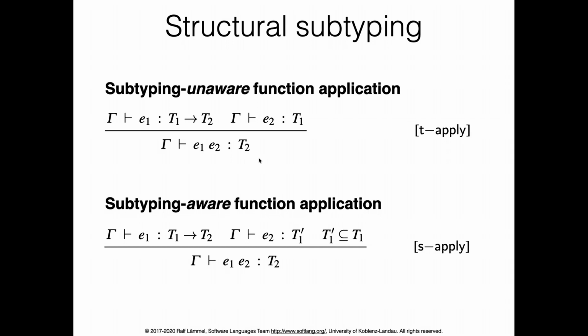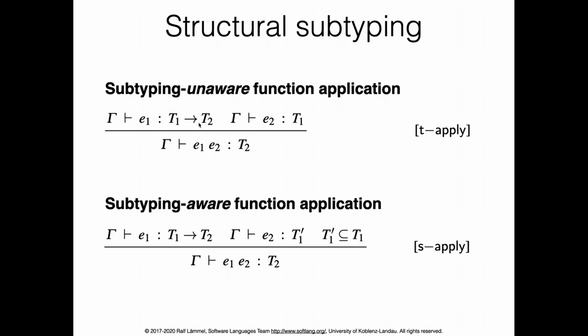A function can take a value of a subtype compared to what the function has been declared for in terms of the argument type being a supertype. So just to remind you, this is the function application reduction rule without subtyping, right?